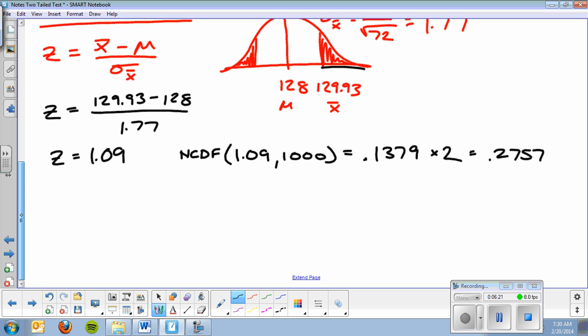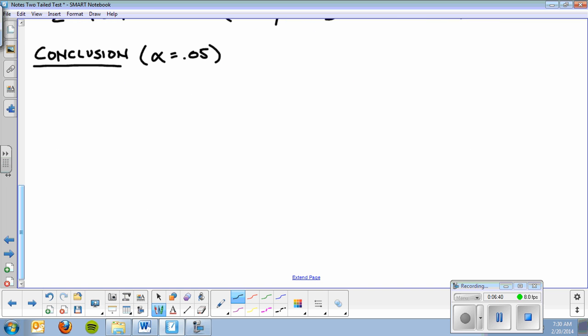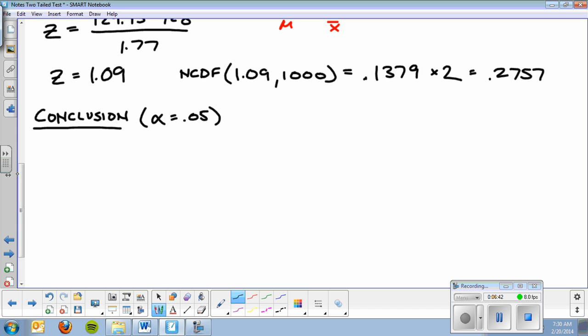So we go to our conclusion. Now, it did not specify an alpha, so we're just going to use alpha equals 0.05. If it doesn't specify, I like to use alpha equals 0.05. Our p-value is clearly above that, so we get to see what it looks like to fail to reject.